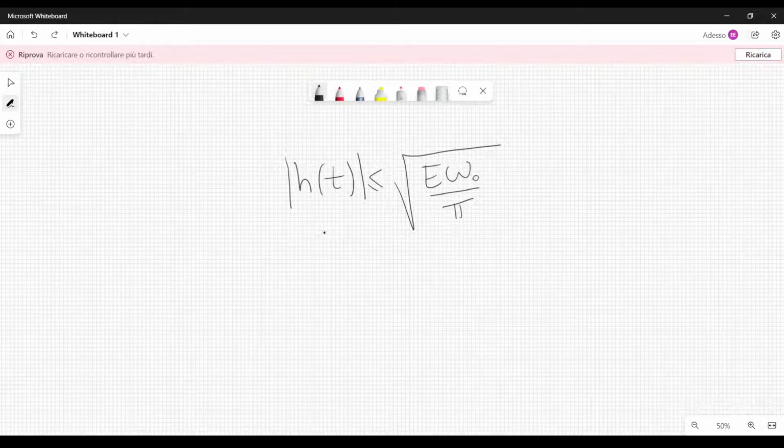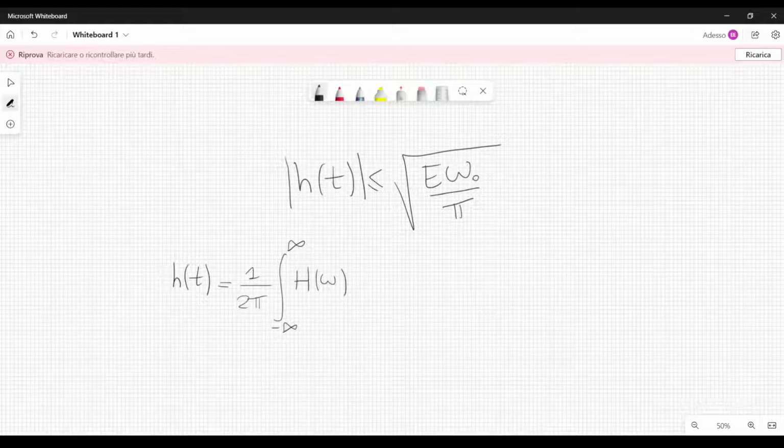In order to show this, we have to consider Fourier transforms. So we have to be able to work with Fourier transforms. The signal h of t can be written by using its transform. In this case, it can be obtained from the inverse Fourier transform. So we have 1 over 2 pi, and an integral from minus infinity to plus infinity of the transform of the signal h of t, which I will call capital H of omega.